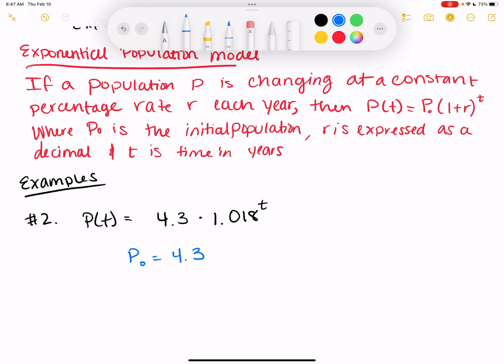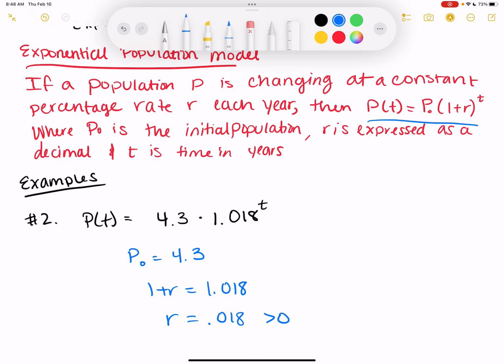Just following the formula here. So then this middle part, this 1 plus R, is equal to 1.018. We're finding R, so we need to get R by itself, so we're going to subtract 1, so R is equal to 0.018.